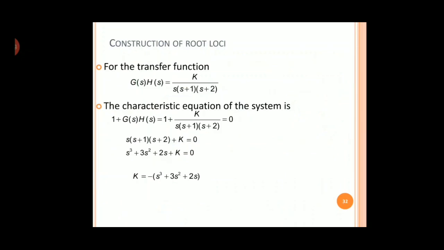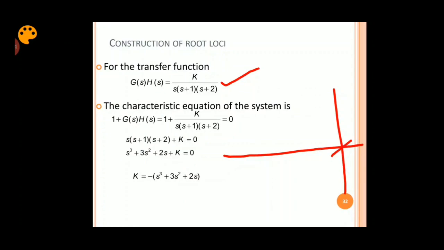Now let us do the same procedure with this example. We have g of s into h of s given. Now the first step is to construct, but before that we need to predict. We have already seen that it has three poles: 0, -1 and -2.